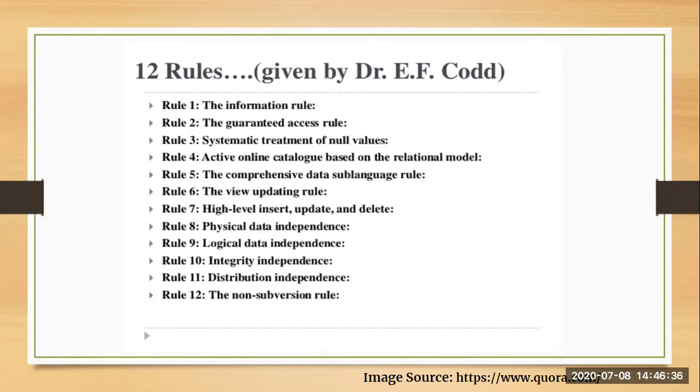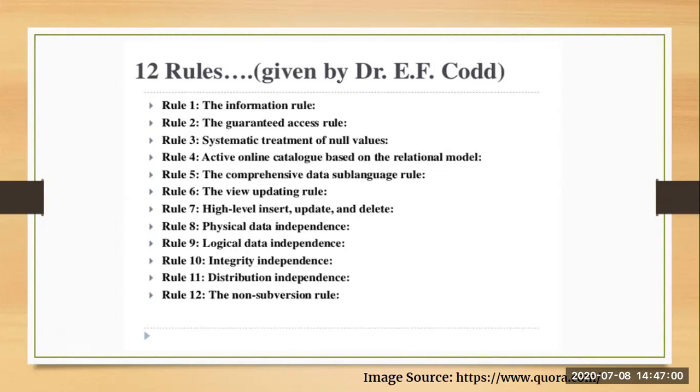Second, rule number 2, guaranteed access rule. So the guaranteed access rule says that every single data element or value which you want to access can be accessed only through the combination of your table name, your primary key, and the attribute name. Okay. No other mechanisms such as pointers can be used to access the data.